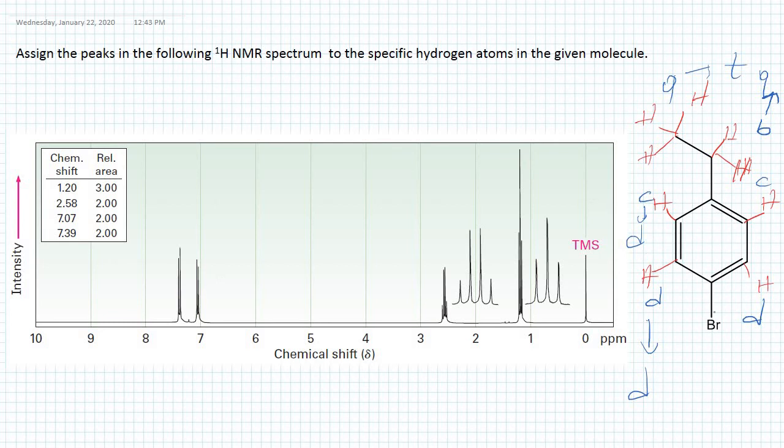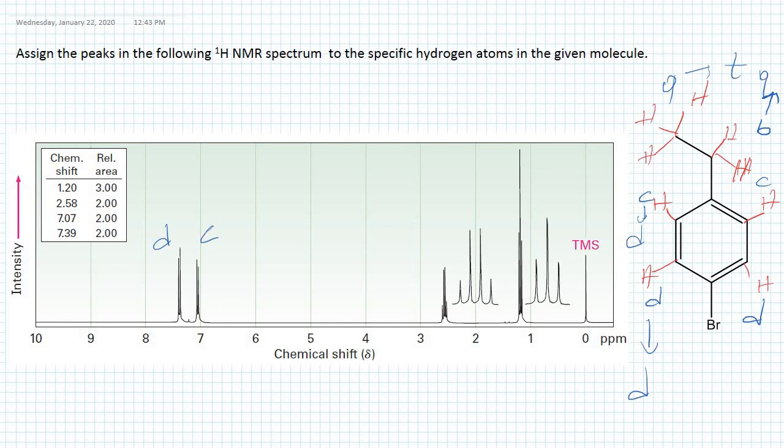Like as a general rule, if you have a neighboring electronegative element like bromine here, so the closer protons or neighboring protons, they will appear on the downfield spectrum. So I will say that this peak has a doublet, which a relative area here it's 2. So 2 proton, 2 proton, 2 proton, 3 proton. Relative areas are also proportional to number of protons. So this is going to be D, this is going to be C.